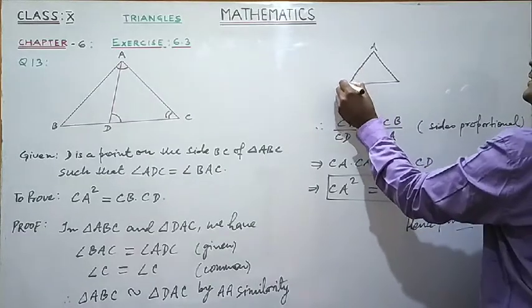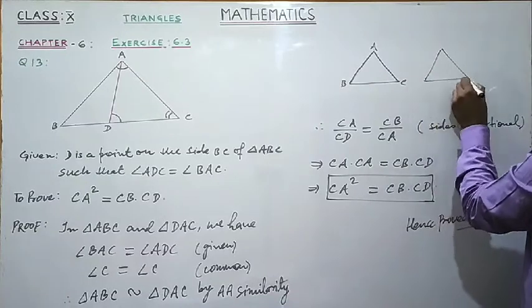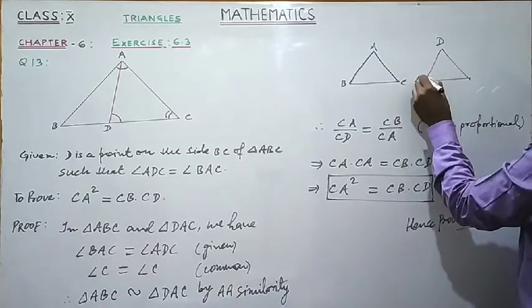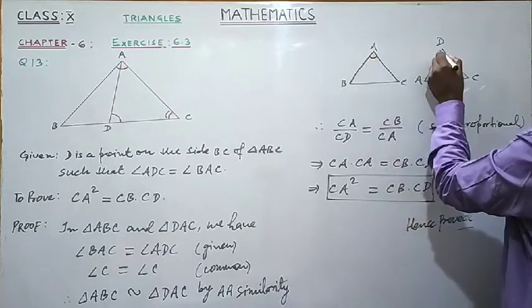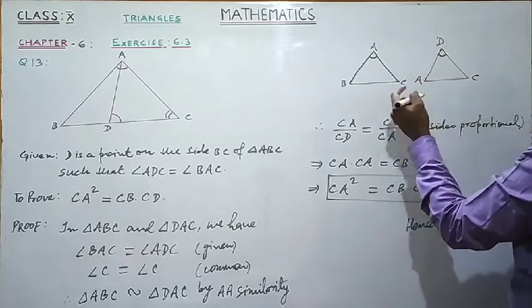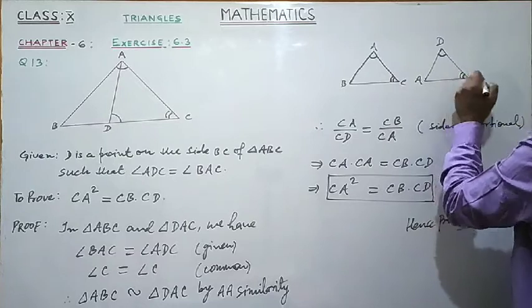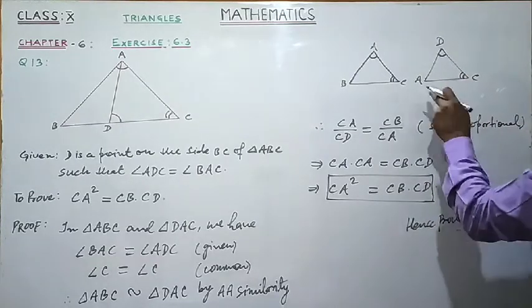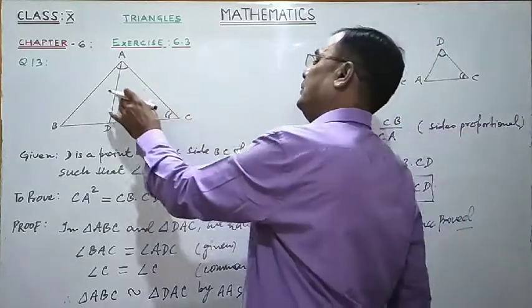This triangle is ABC and this triangle is DAC. This angle BAC is equal to angle ADC. It is given, and this angle C is equal to angle C common, angle C is there in both the triangles in this original figure.